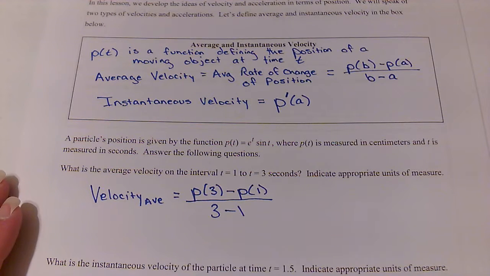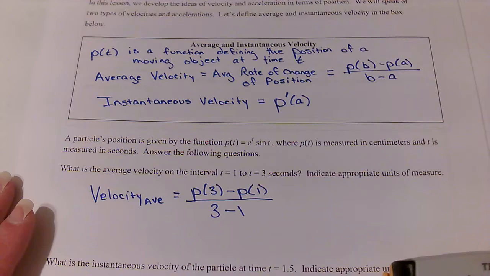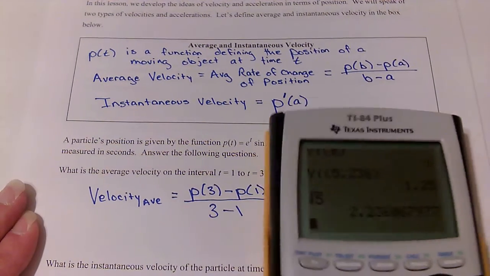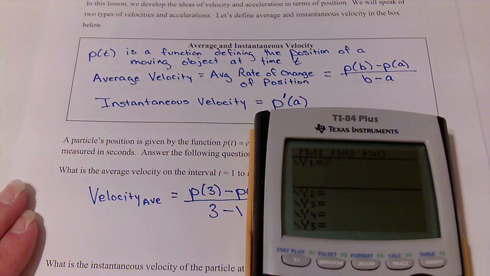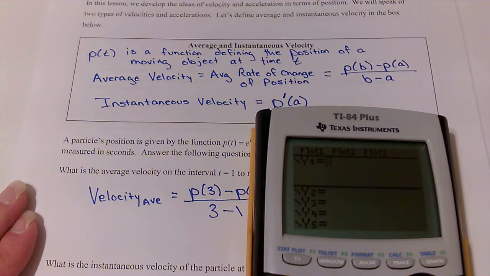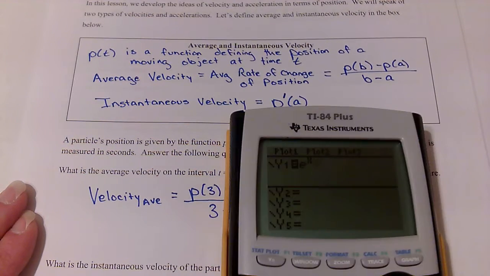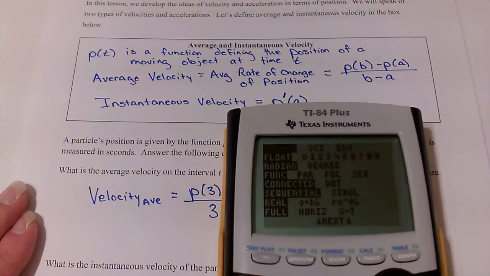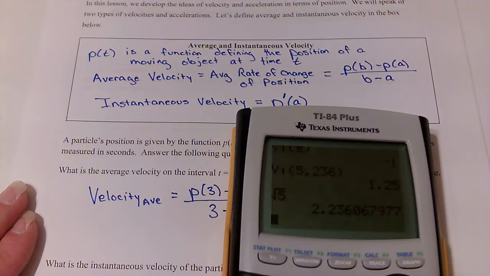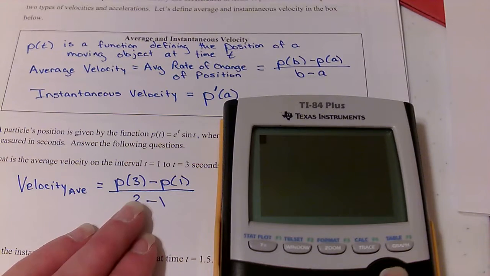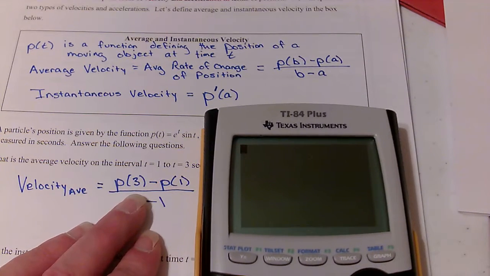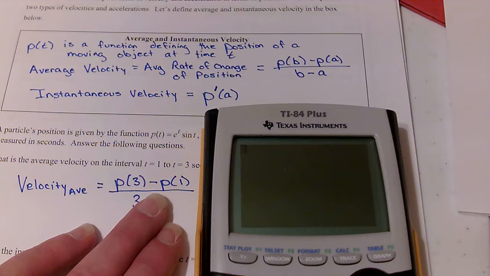So for this one, let's go ahead and use our calculator. What I would do if I was going to be doing this problem in my calculator is put the function in y1. So e to the x in our calculator times the sine of x. And I'm just going to make sure in my mode that I am in radians. Good. So we want that function evaluated at 3 minus that function evaluated at 1.